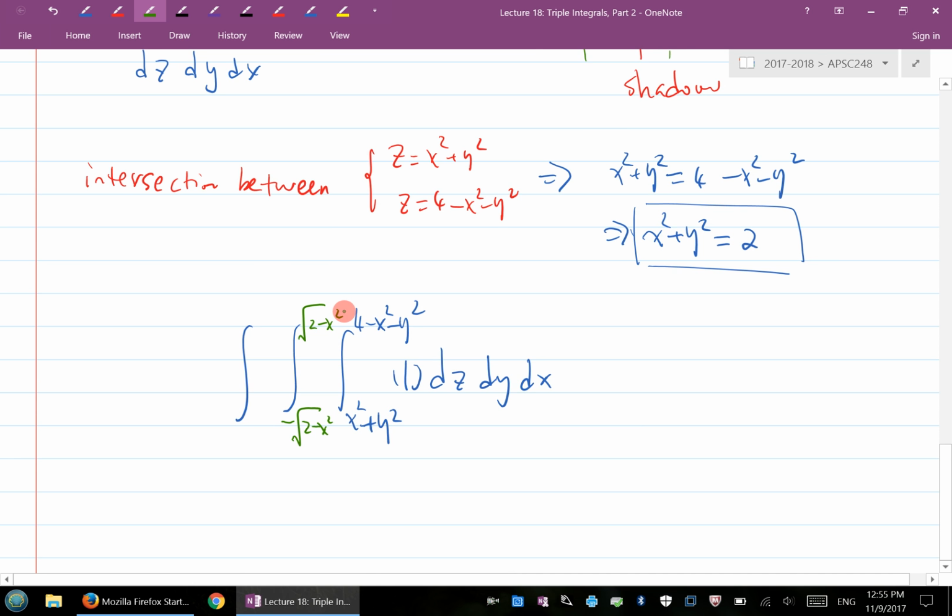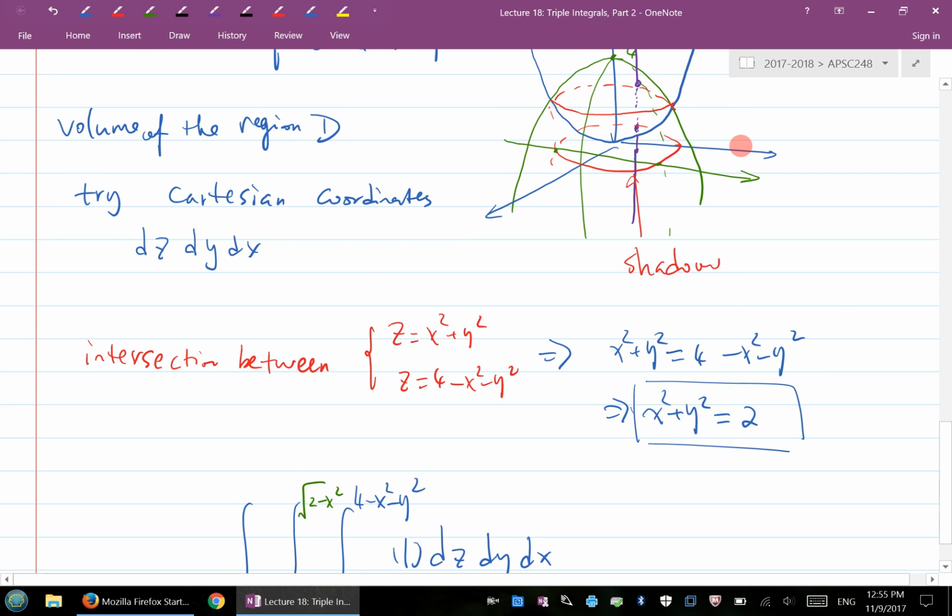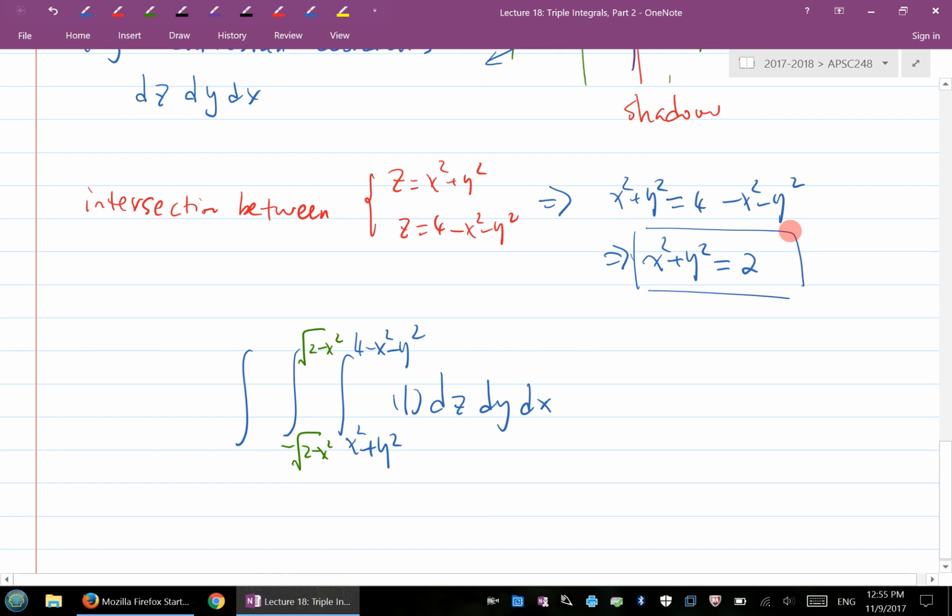Finally, x min and x max: you sweep this green arrow line from one edge to the other edge, from negative root 2 to positive root 2, and that's your x min and x max.